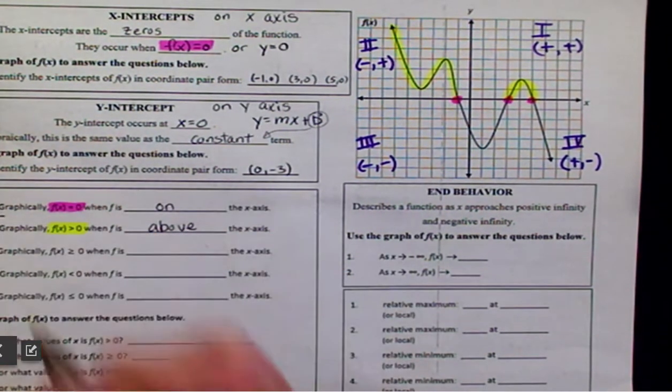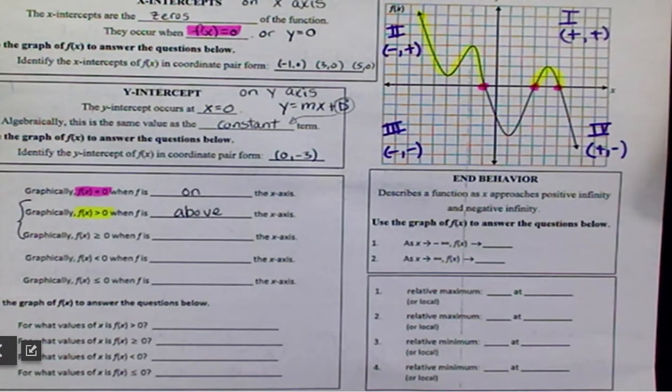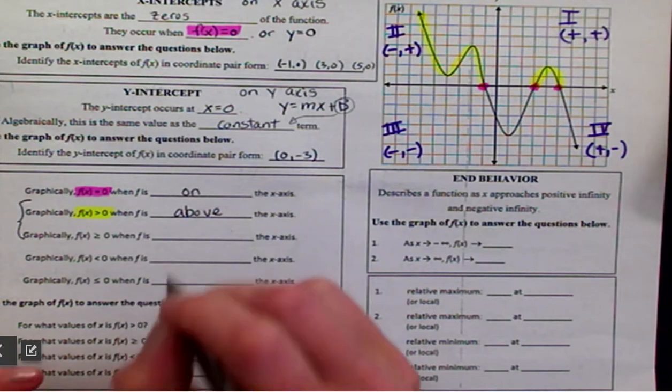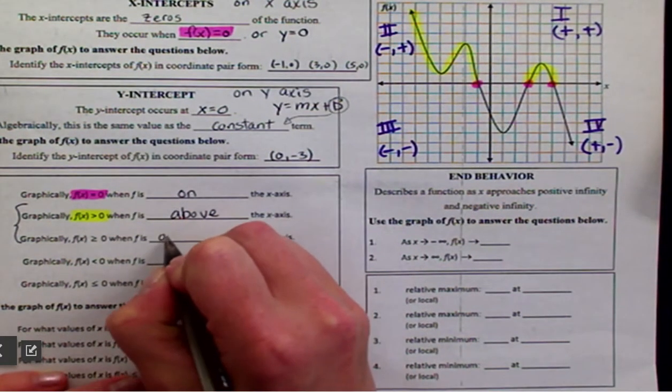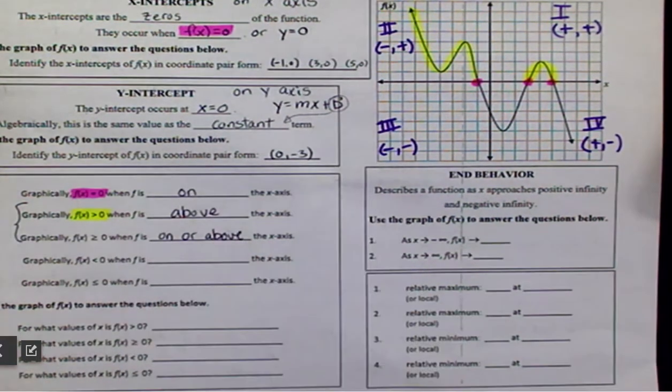Now, lines 2 and 3 are very similar. They're combining some information there. So, when f of x is greater than or equal to 0, when f is on or above. So that would be pink and yellow. Pink and yellow is the answer for that.